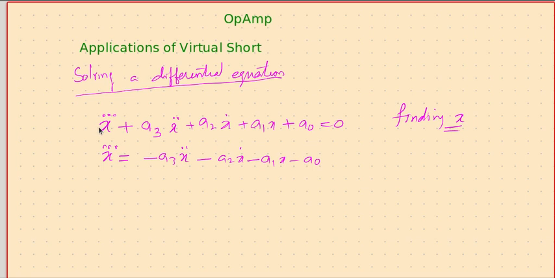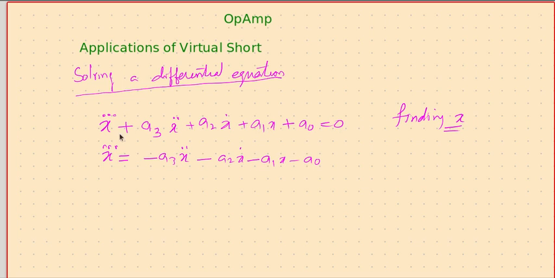As an example, let us consider that we are given a third degree differential equation: x triple dot plus a3 times the second derivative of x plus a2 times the first derivative of x plus a1 times x plus a naught equals 0.